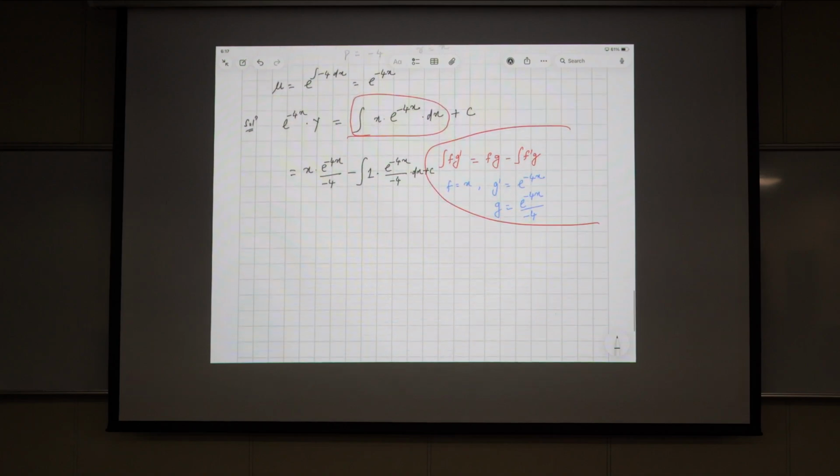Yeah, so just apply it and solve. This is x times e^(-4x)/(-4), and what will be this one? Minus e^(-4x)/(-4)(-4), that is plus 16, plus c.